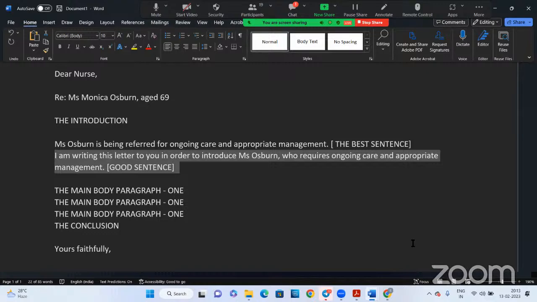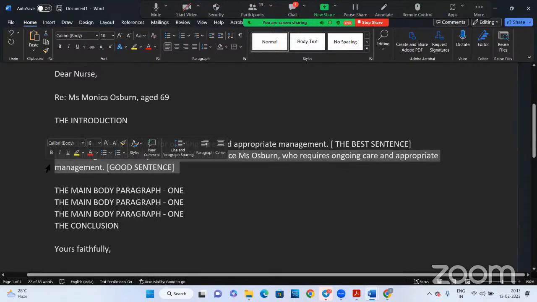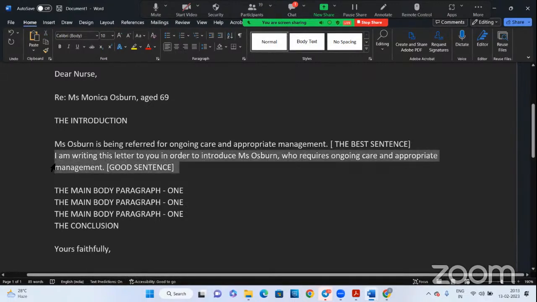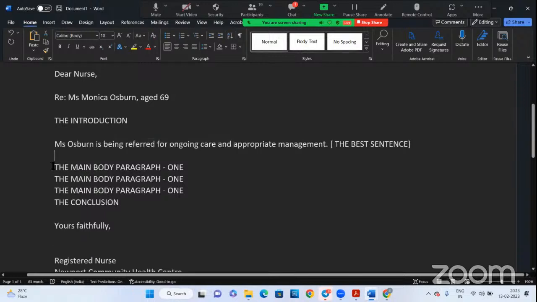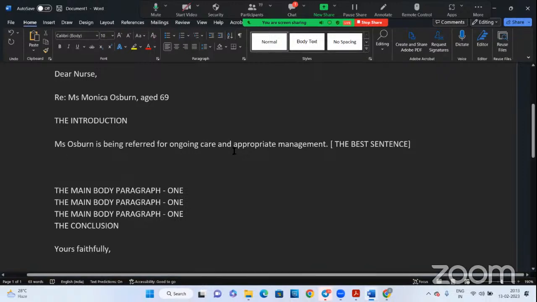So be careful. But if you write like this, there is no difference. So that's the point. It's your wish how you are going to write. I don't want this sentence in my letter. Miss Osborne is being referred for ongoing care and appropriate management.